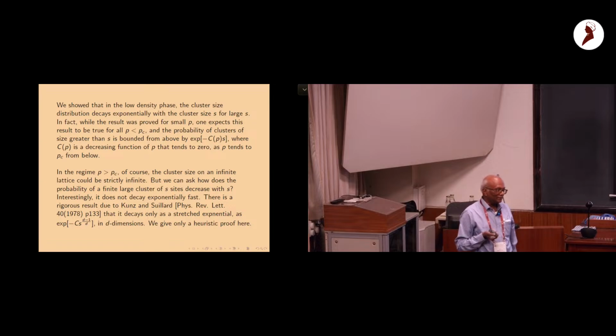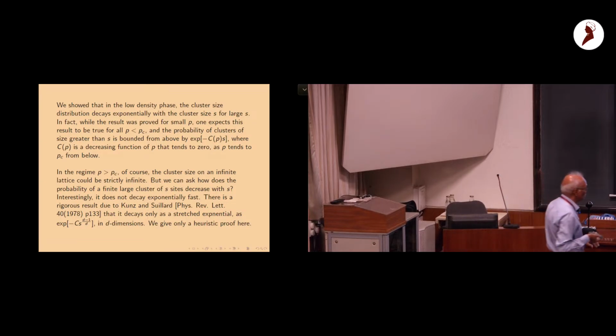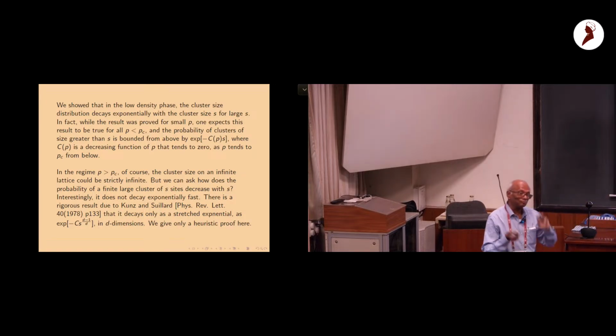But proving this rigorously all the way up to pc may not be easy. In fact, there are some arguments which prove this, but proving this requires some 20 pages of complicated rigorous mathematical proof, which I am skipping just now. They use renormalization group theory arguments. So, if you want to extend the proof all the way up to pc, you have to actually develop a new technique. Peierls argument will not help.